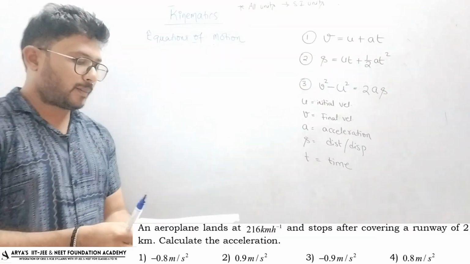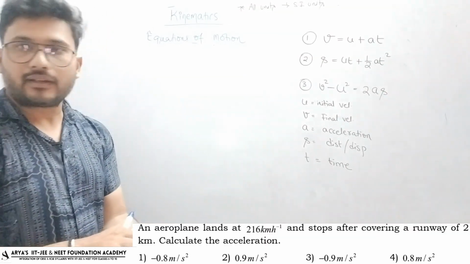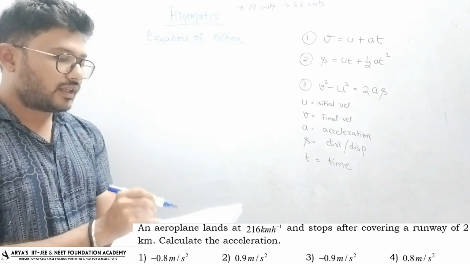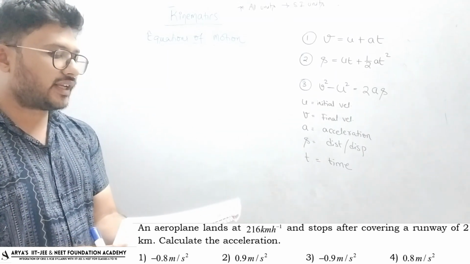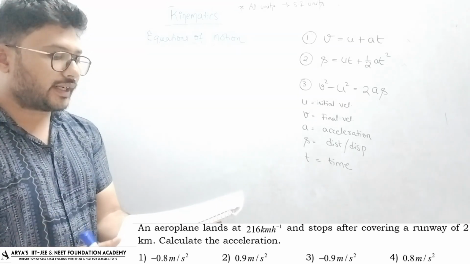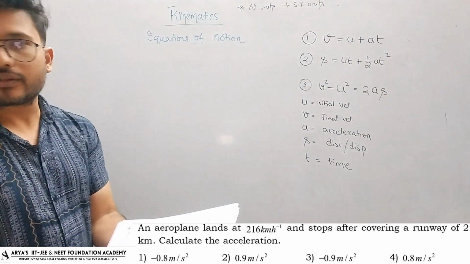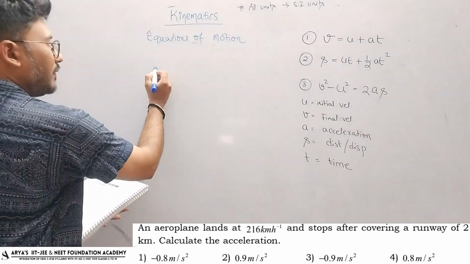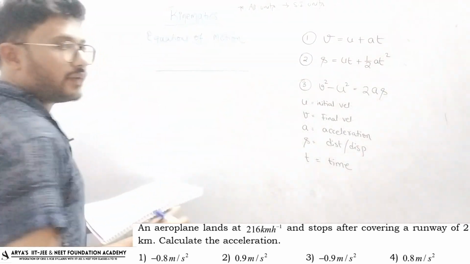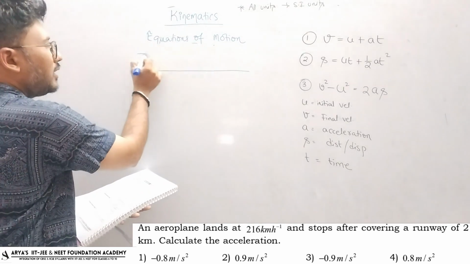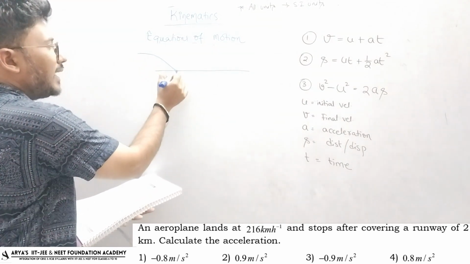Third question. An aeroplane lands at 216 km per hour and stops after covering a runway of 2 km. Calculate the acceleration. See, there is a runway. From here the aeroplane lands.